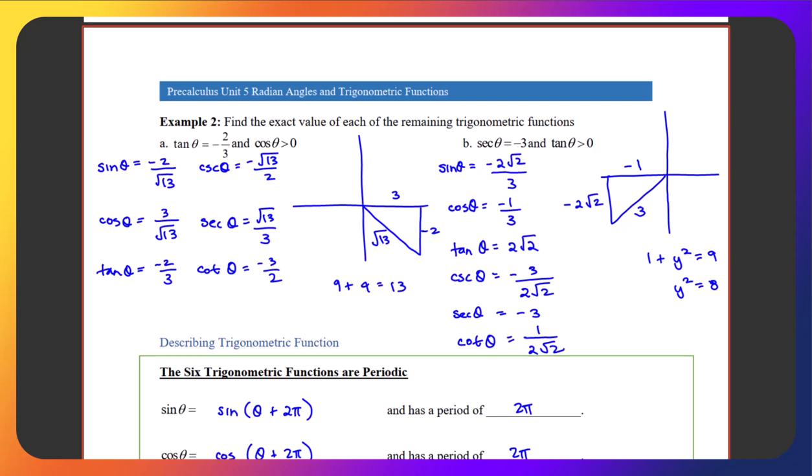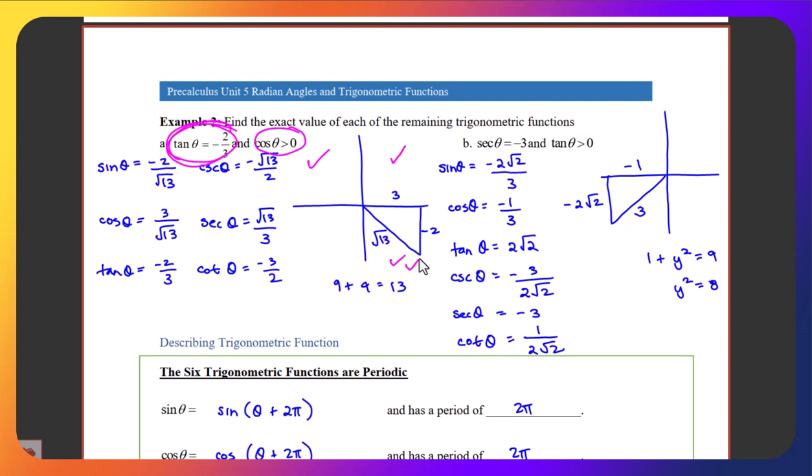I try to almost always draw the diagram as best I can. Tangent is negative. Please note that could be in the second or fourth quadrants. Be careful. Cosine is greater than 0, or positive. That's in the first and fourth quadrants.